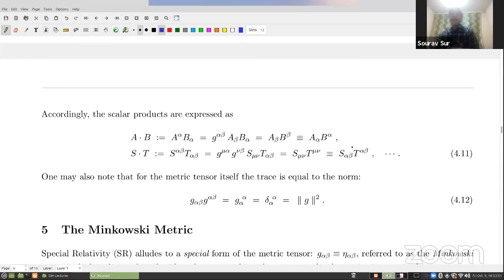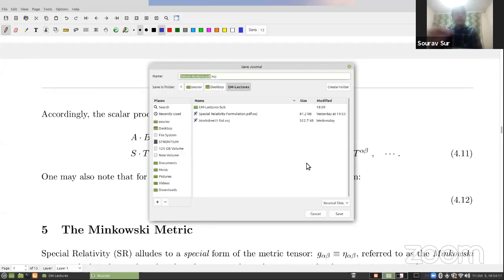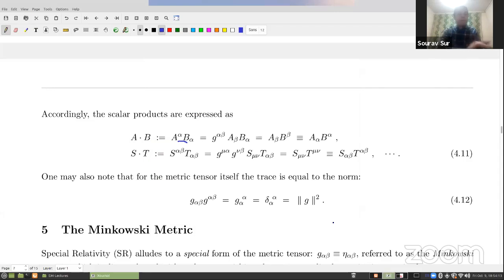So ultimately, you can write this after summing over; what remains is A beta, B beta. And since it's a dummy index, you can use the symbol alpha. Sum over upstairs downstairs is the same as the sum over downstairs upstairs. And similarly here.